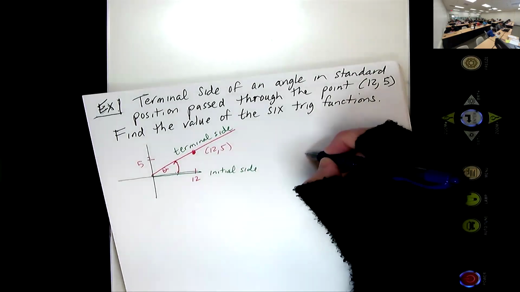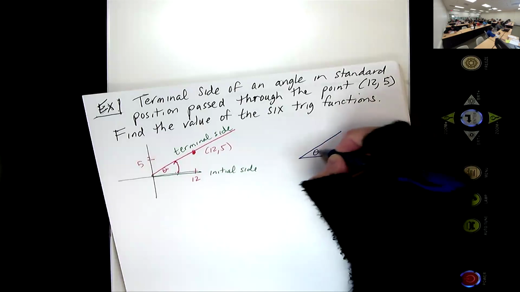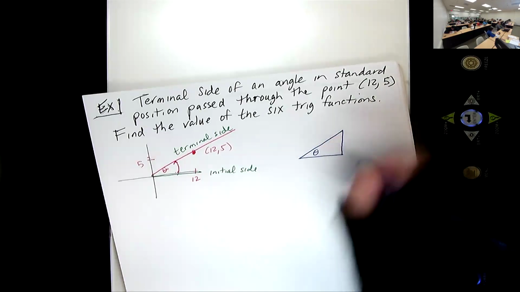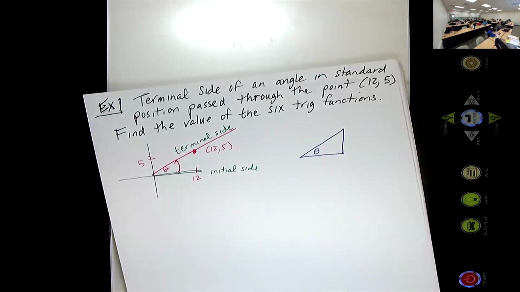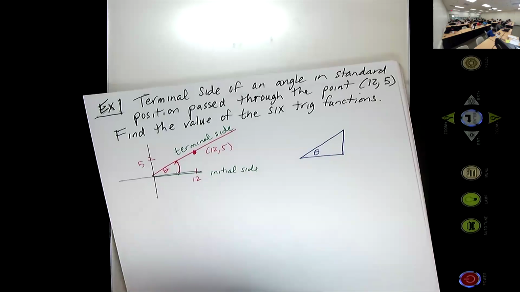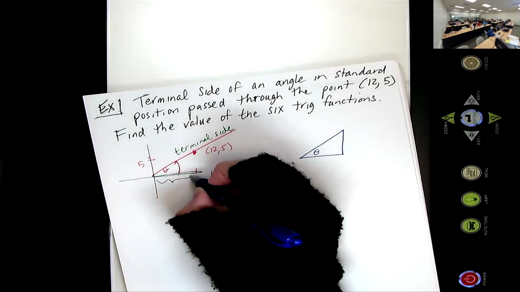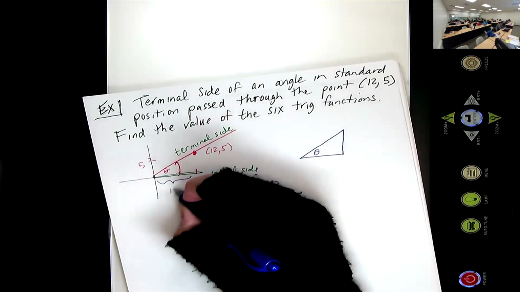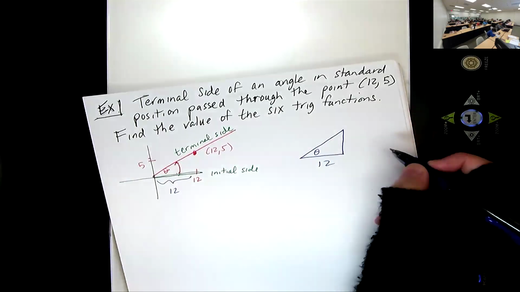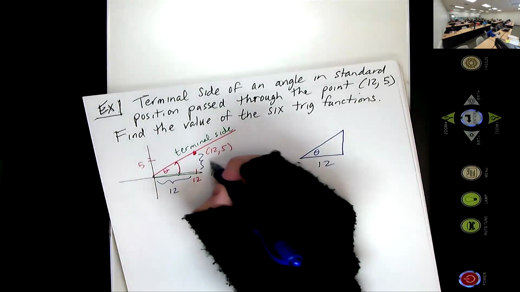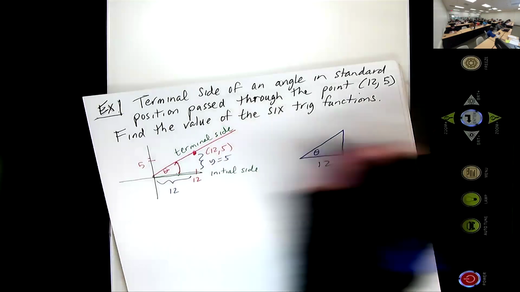That's what's going on. I'm going to redraw this over here, because we can make a triangle out of it. This distance here is how far it went, that's got to be the 12. And the up and down is the y value, that's got to be 5.